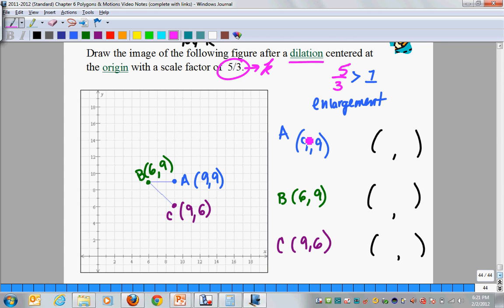So our K factor, we're going to take 9 and we're going to times by 5/3 and get a new number there. Let me do this in the margin so it's a little bit easier to see. So we're going to go 9 times 5/3. Well, 3 goes into 9 3 times, and 3 times 5, our new point here is going to be 15.